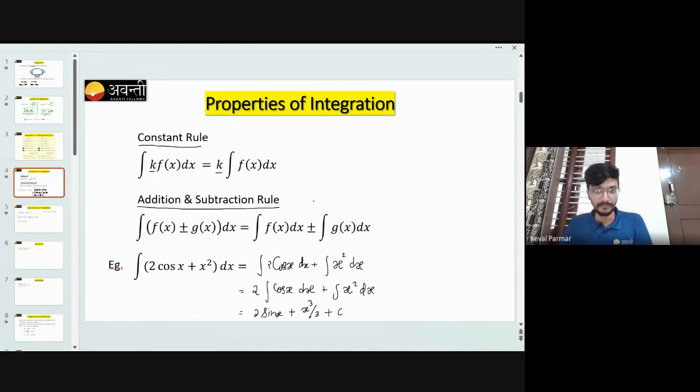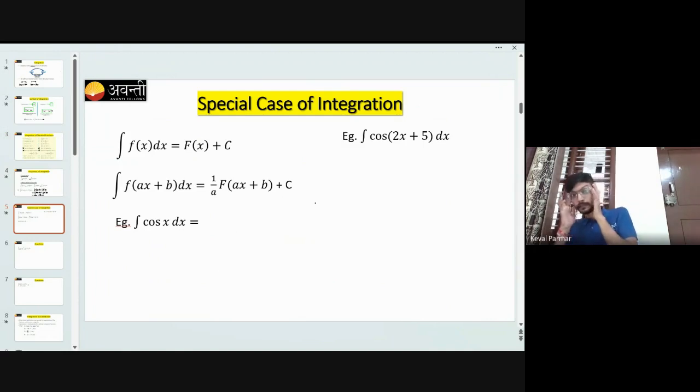Now, do you remember chain rule in derivative? There is no such thing as chain rule in integration. But we do have a special property instead of chain rule. So what is that special case? Suppose integration of f of x is capital F of x plus c.